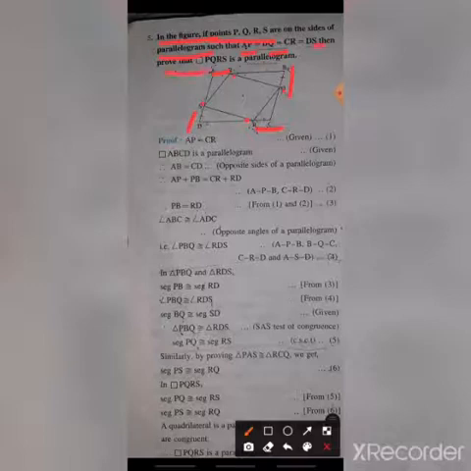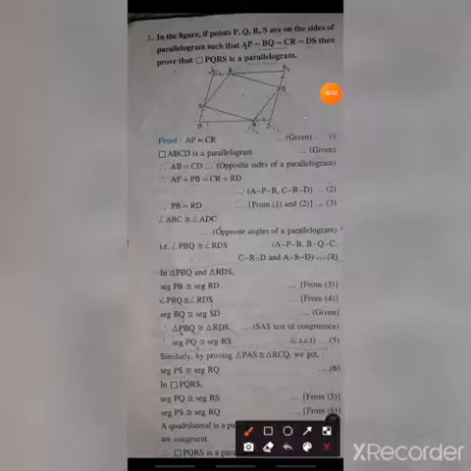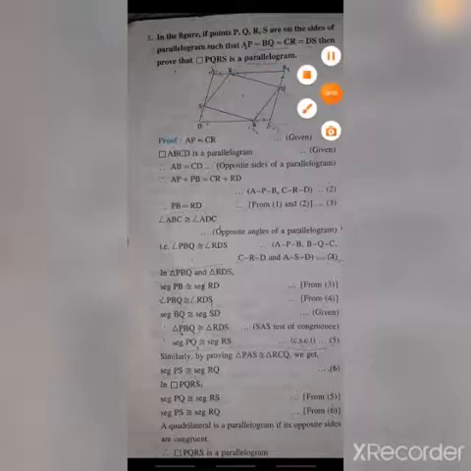Then prove that PQRS is a parallelogram. What do we have to prove? We have to prove PQRS is a parallelogram.